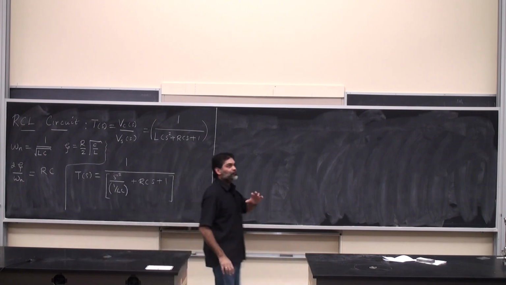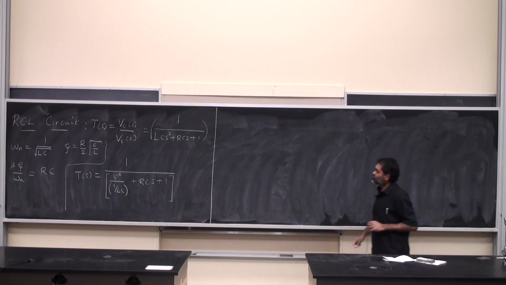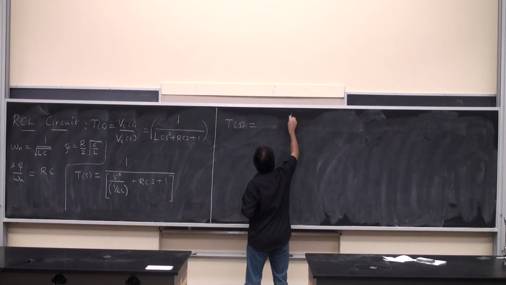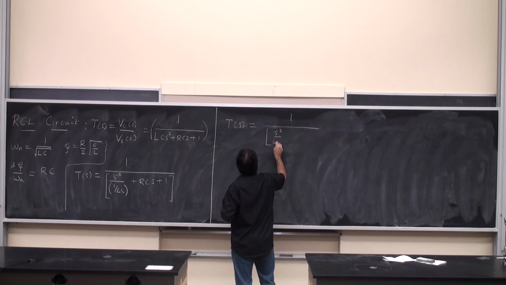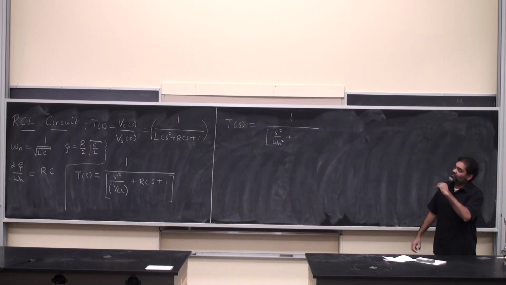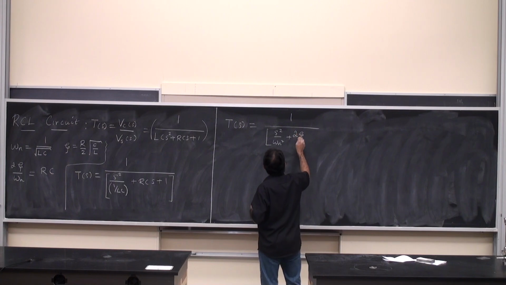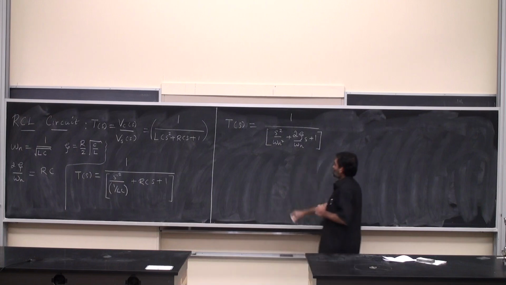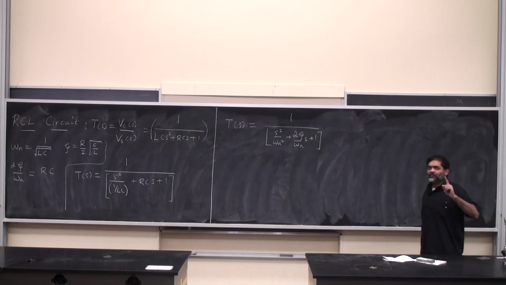And obviously you see that 1 by LC is nothing but the square of the natural frequency, and so I have the following. T of S is 1 over S square by omega n square, then RC was written as 2 zeta by omega n times S, plus 1. Notice that the numerator is 1.